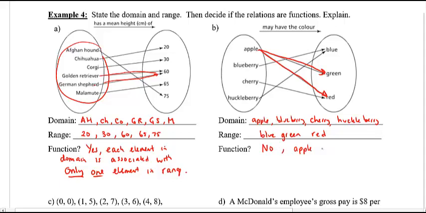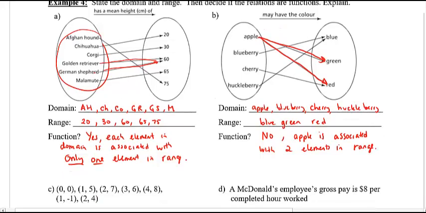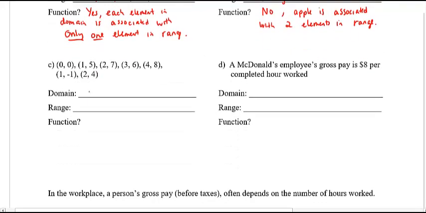Apple is associated with two elements in the range. That's no good. So it's not a function. Remember, we don't have to list things twice. It's nice to also list things in order.